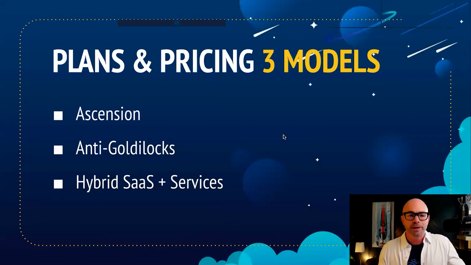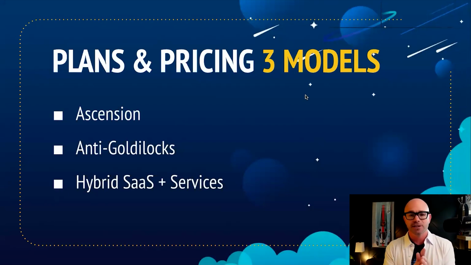Now, I get this question a lot about pricing. What should I price my stuff? How should I price my stuff? And to be honest with you, it really depends on how you're going about your business, like what niche you have chosen, who your client is, and so forth.